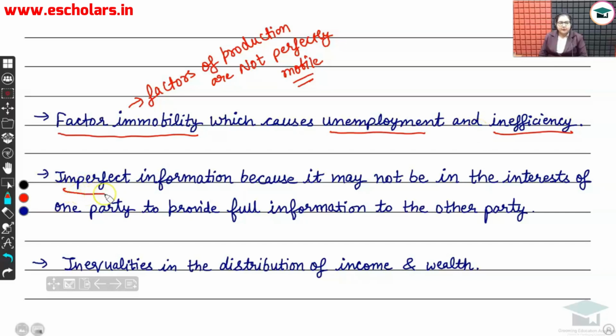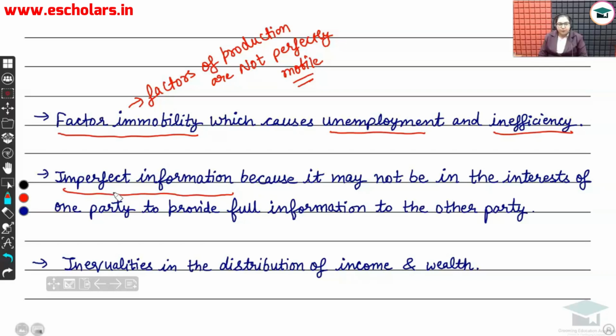And also imperfect information. Now, if the sellers and the consumers do not have perfect information about the product in which they deal, then it would lead to market failure. As I have already told you, there is perfect allocation of resources when the economic agents, that is the consumers and the producers, are making sensible choices and decisions, right?